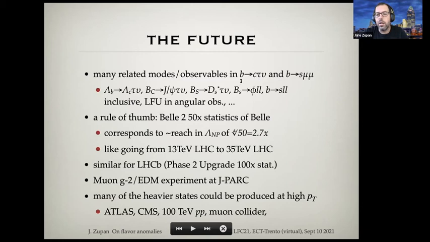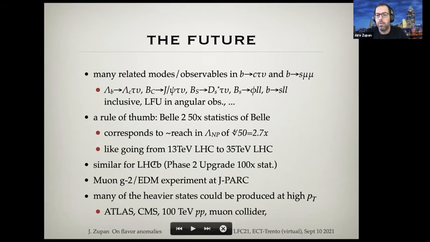Either you search at low energies, improve the measurements of the anomalies, make sure that these measurements are coming from not just LHCb, but once Belle II starts seeing things. So Belle II just started taking data a year ago. If they confirm these anomalies, I think then we're basically in business.